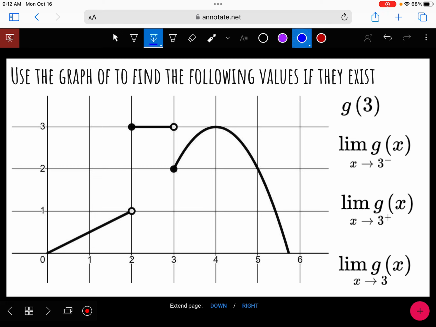So the first thing we're going to evaluate is, what is the value of g at 3? What is g of 3? 2. It's that guy right there.